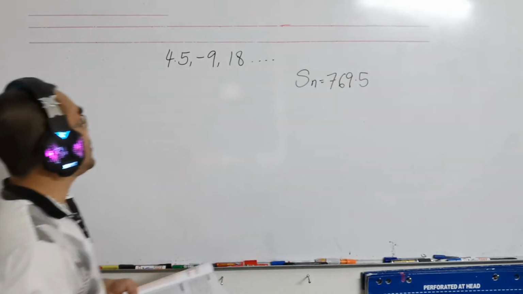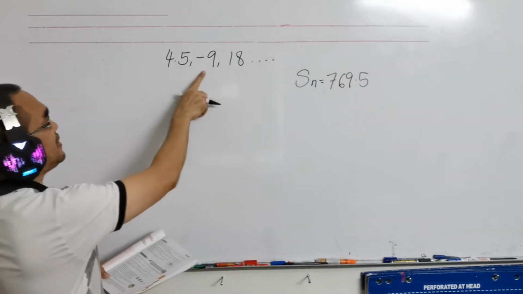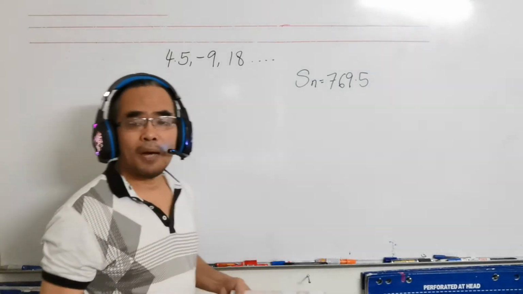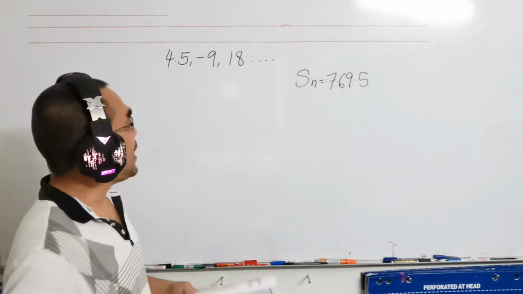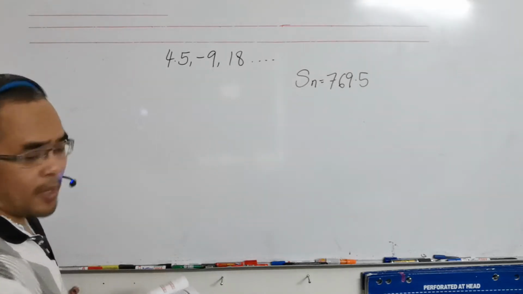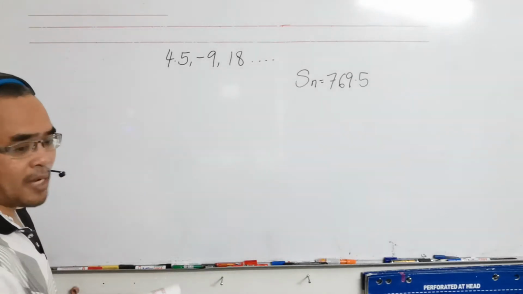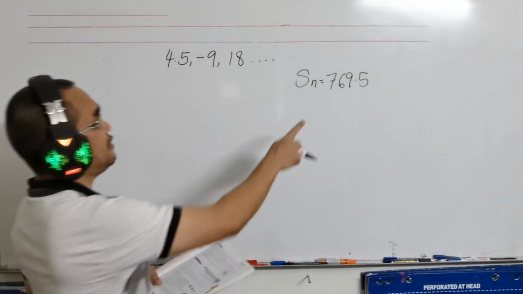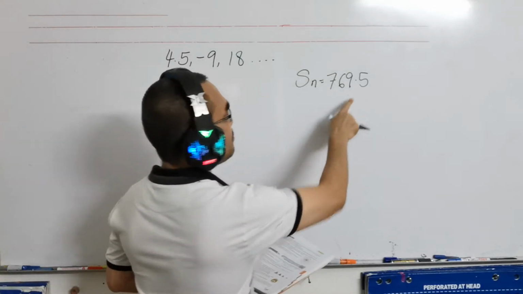769.5. As you can see, we have negative numbers here, so if positive plus negative will become reducing the number. Okay, so anyway, we can still calculate the value of the term manually, but it will take a lot of time.